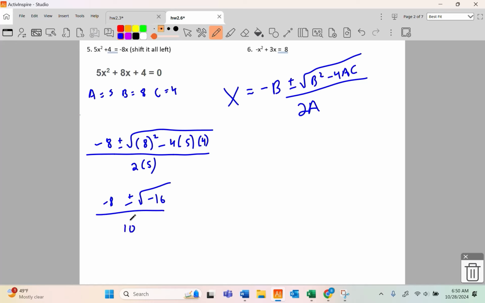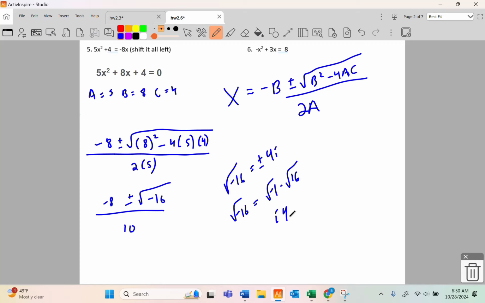Both pieces over 10. Now, the root of negative 16 is going to be plus or minus 4i, because the root of negative 16 is equal to the root of a negative 1 times the root of a positive 16, and the root of negative 1 is i, and the root of 16 is 4.